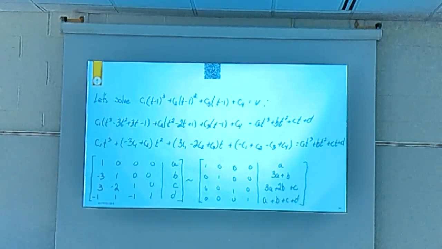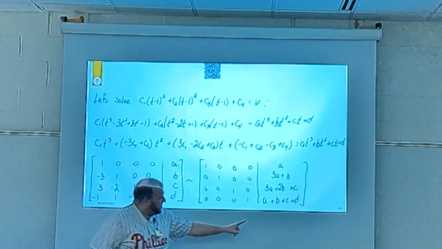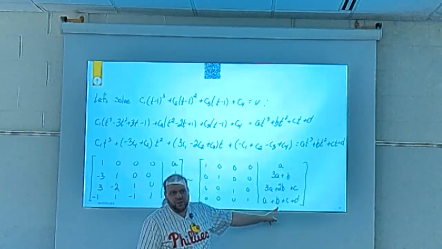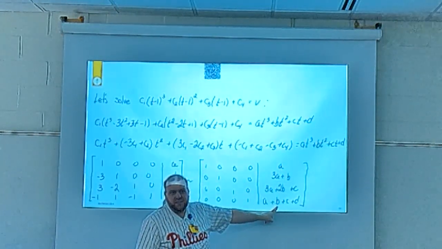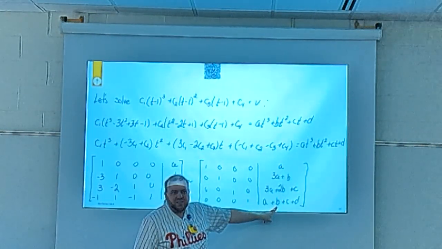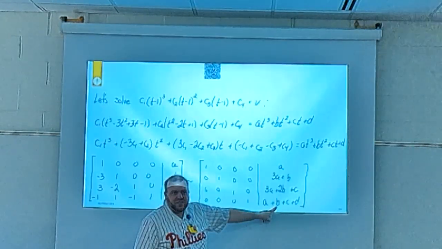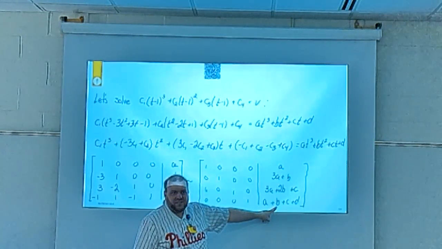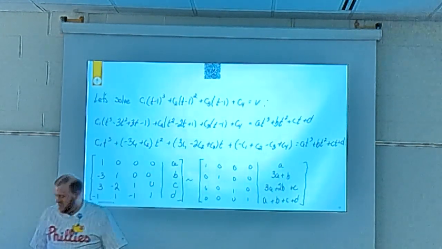This here would be your coordinate vector for an arbitrary A t cubed plus B t squared plus C t plus D, right? What was A? What's B? What's C?